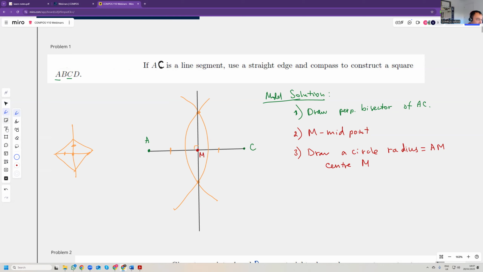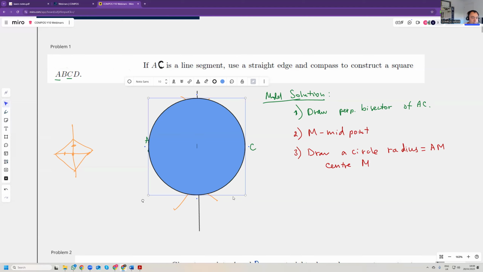And that means you draw a circle. I'm pretty sure Miro won't allow me to do this, but okay.